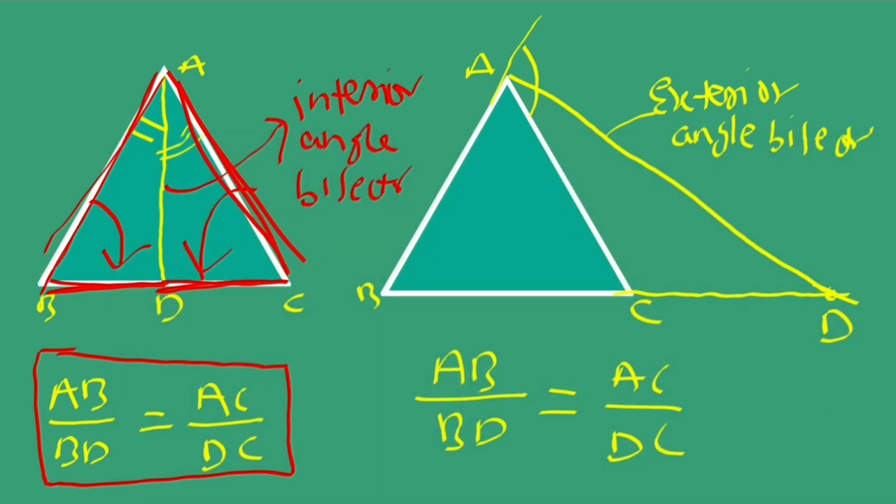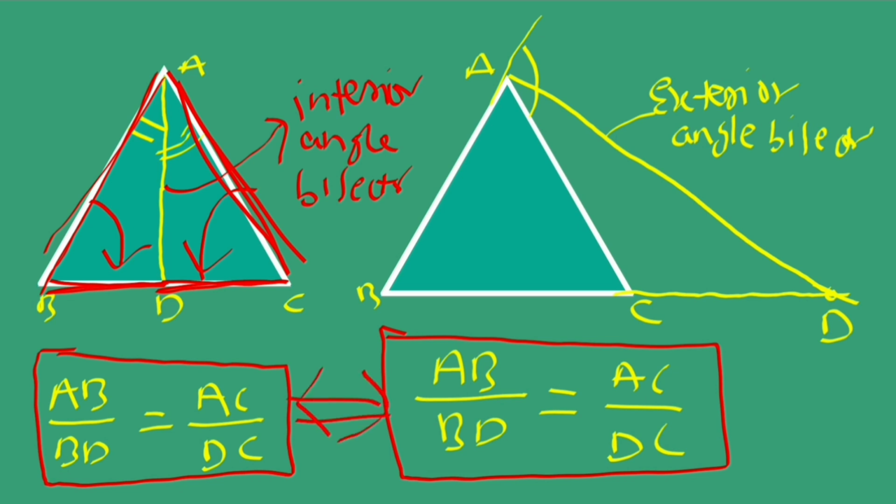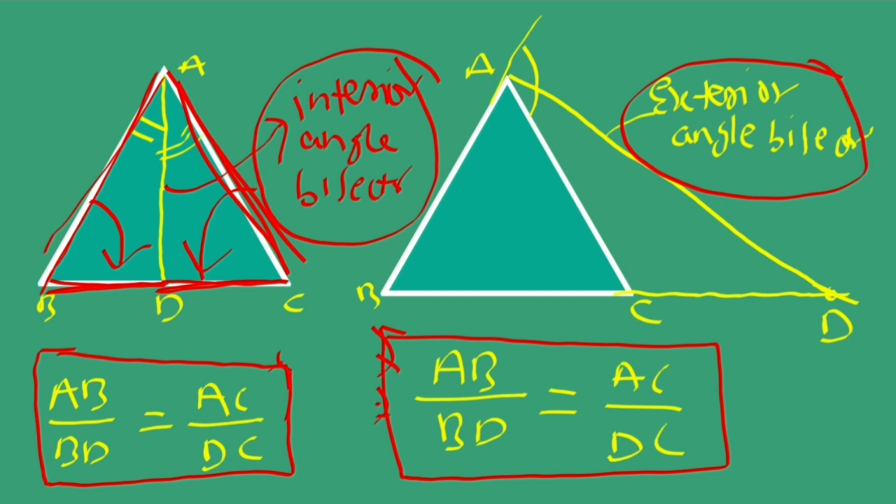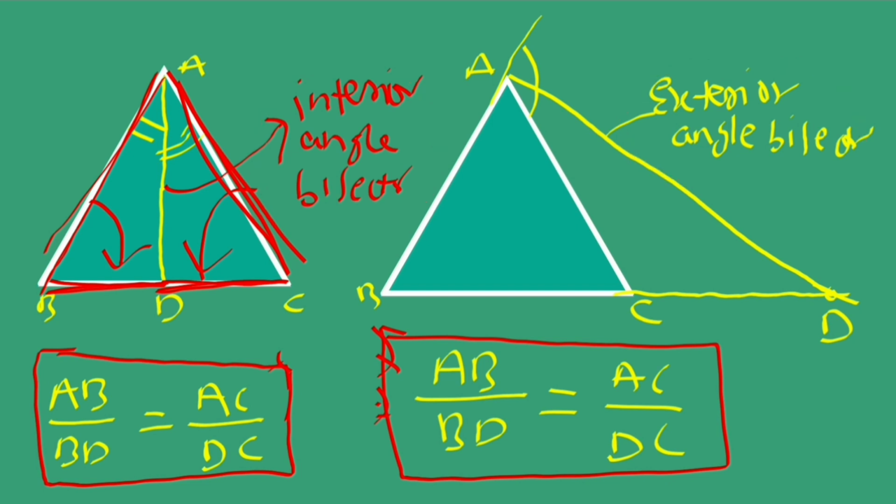This is the condition. These both are the same formulas, there is no change. If you see properly, both formulas are the same, but the change is in the interior angle bisector and exterior angle bisector. You need to label it properly. When it is an exterior angle bisector, the D point is outside the triangle.